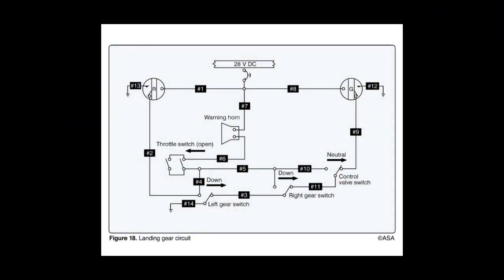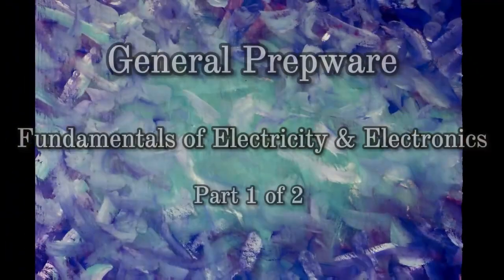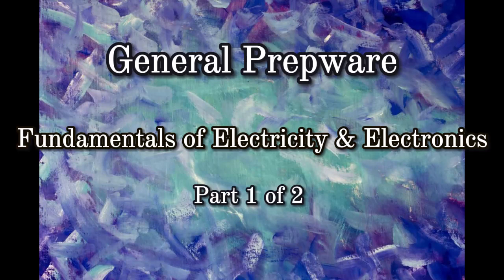Refer to Figure 18. The control valve switch must be placed in the neutral position when the landing gear is down to prevent the warning horn from sounding when the throttles are closed.